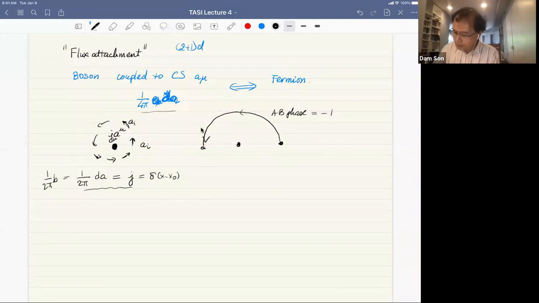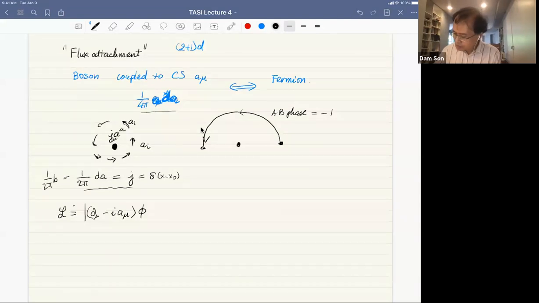The statement is that if I take a Lagrangian of a complex scalar field, phi. So my phi would be a scalar field and psi a spinor, fermionic field.